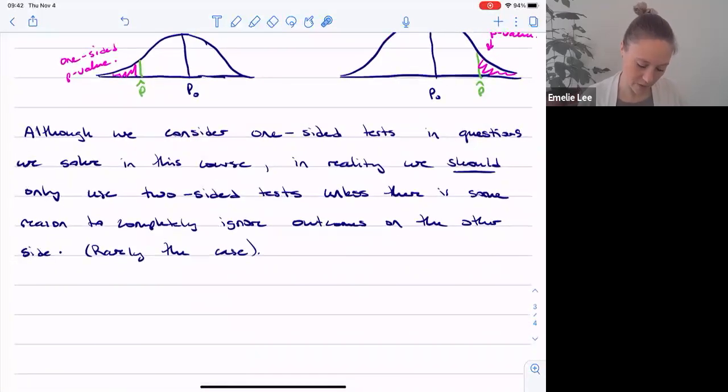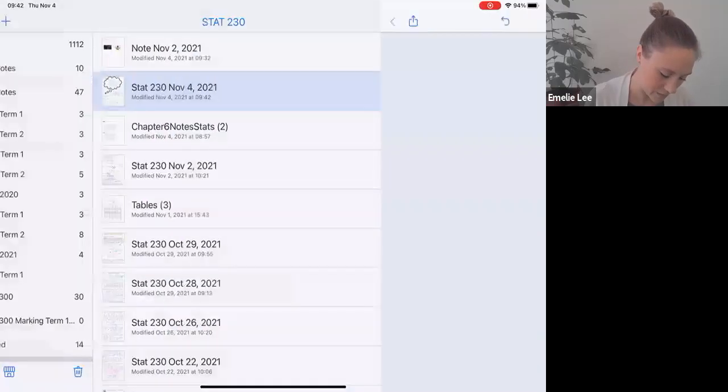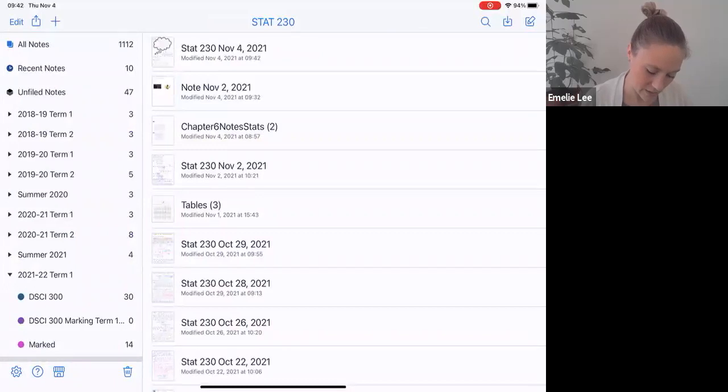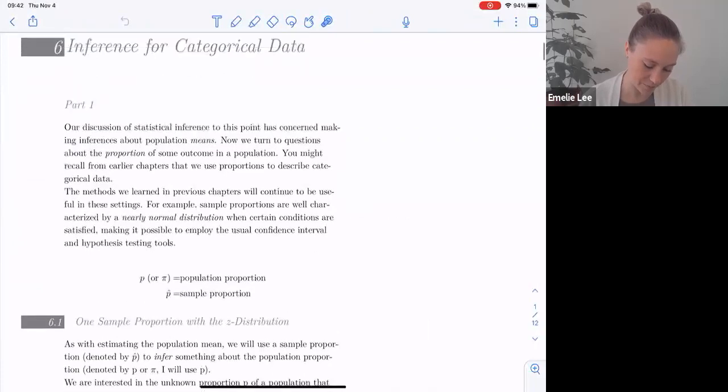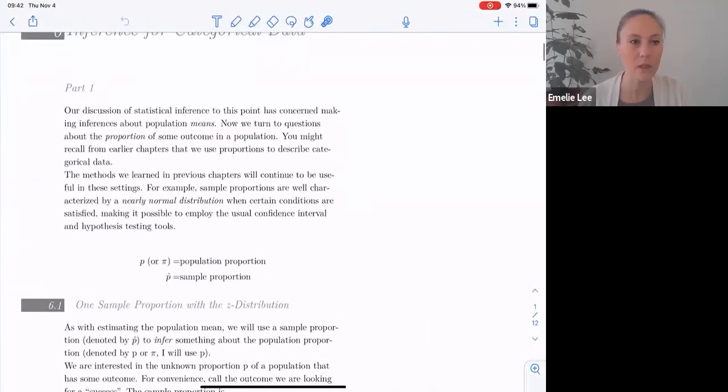Okay, good. So let's see here. I think I had an example. Oh, and before I bring up that example, I also posted these notes.